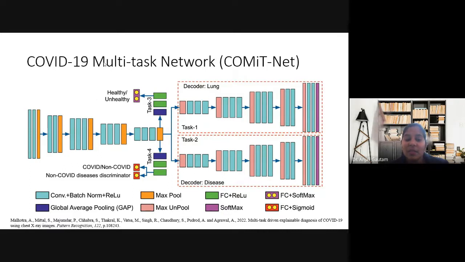And at the same time you can find out whether it is COVID or non-COVID, a non-COVID disease discriminator. So you can do various tasks with the architecture. You just have to make sure at which layer you give it to the decoder, and from which layer you perform the fully connected layers. These are just application areas, but not limited to these.